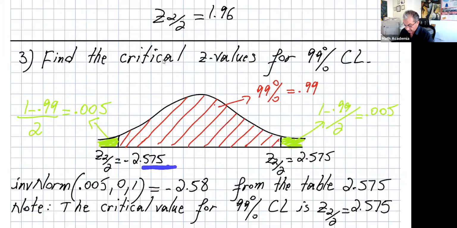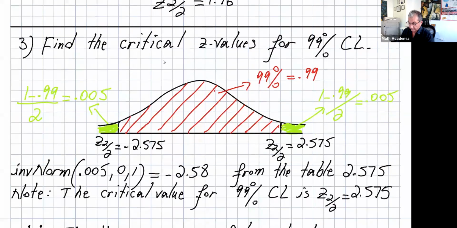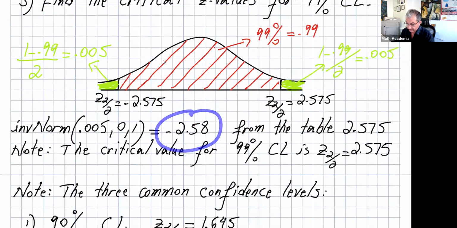They take 3 digits after the decimal point, and that's because of reading the table. We won't read the table in this video, and you don't need that since you have your calculators. So you get negative 2.575, and this one is 2.575. Calculator gives you this, but remember to use that one because physicians have been using 2.575 for the longest time.